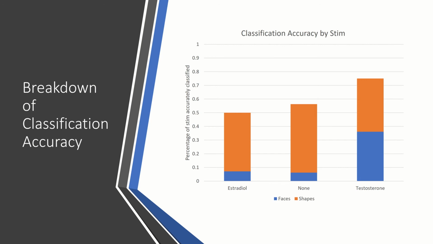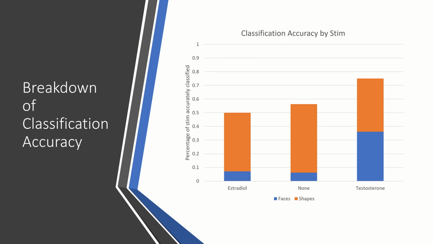There are a couple different thoughts that we had about this, and one of them could just be sample size. Our testosterone group is a little bit bigger. But also, what does it mean to be accurate on this? It's comparing the patterns of these shapes to the overall patterns.